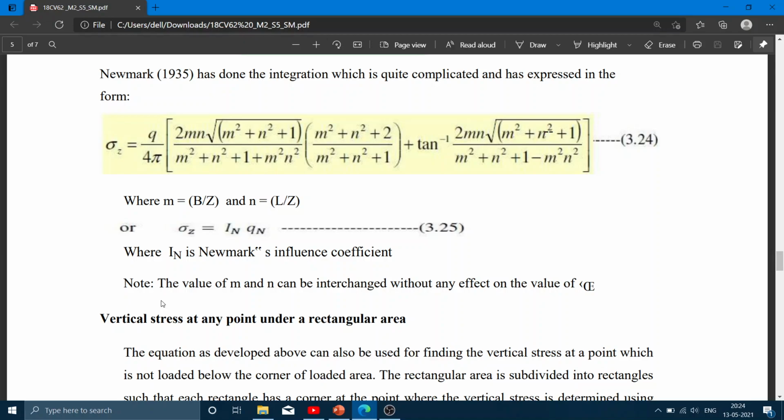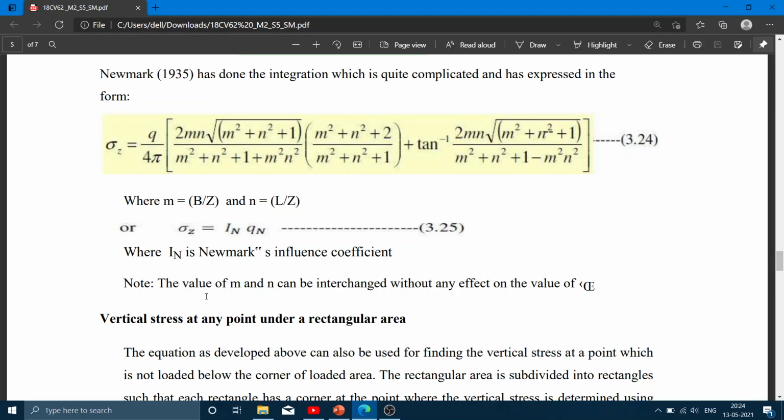So this is the equation for calculating sigma z at different depths under the corner of a uniformly loaded rectangular area.